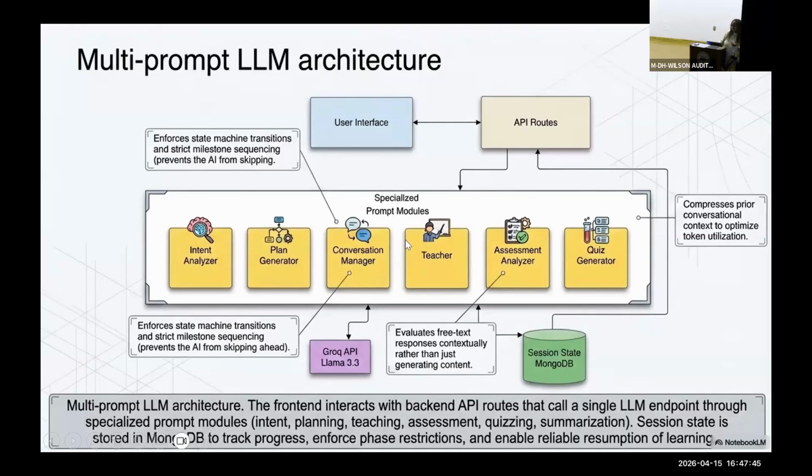The teacher module also, basically the content the students are given, that is what this agent deals with. Then the assessment analyzer tries to analyze and make sense of the responses that the students provide. And then the quiz generator, the quiz that they answer after every module to move to the next module, we have an agent that also deals with that.